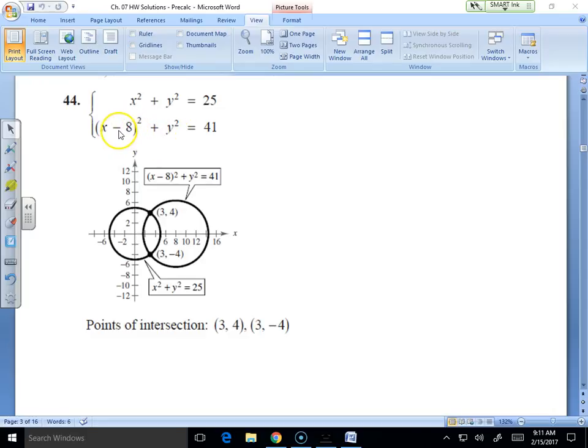It's shifted 8 to the right, remember x minus h, y minus k, so it has a center at 8, 0. You would have had to approximate root 41, which is somewhere between root 36, which is 6, and root 49, which is 7. Maybe 6.5-ish. You could have gone boom, boom, boom, boom, and known that you had an intersection there and there.